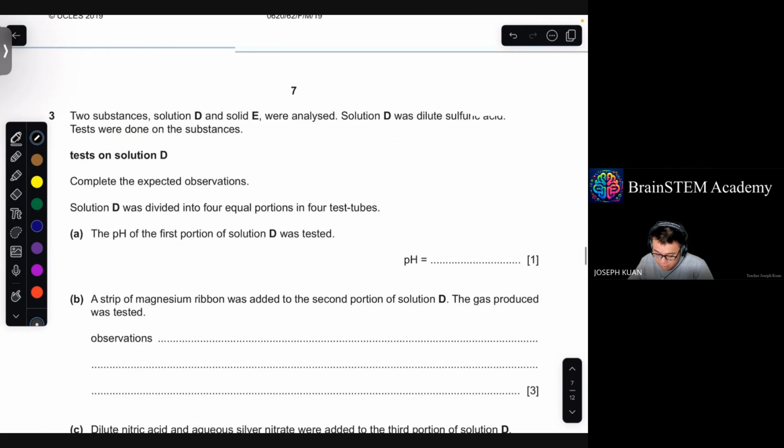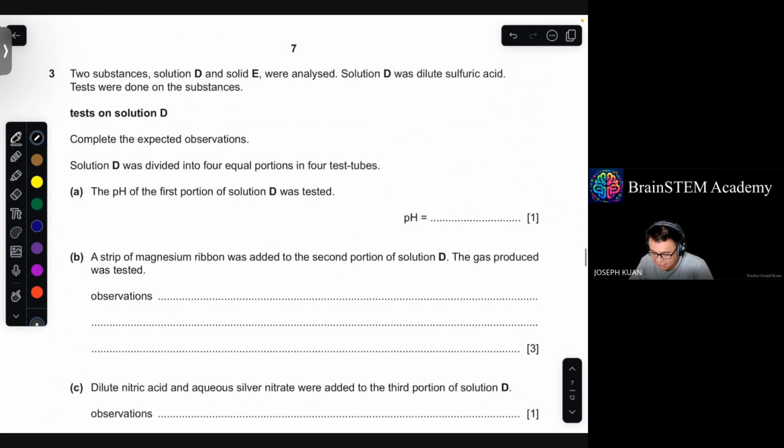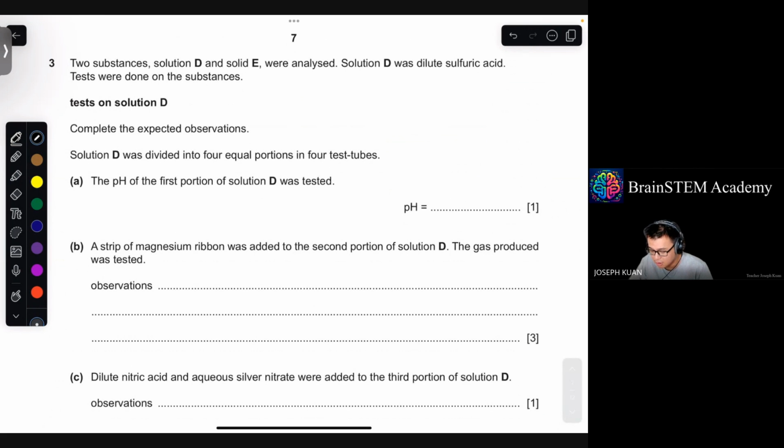Right, moving on to number 3. Two substances, solution D and solid E, were analyzed. Solution D was dilute sulfuric acid. Tests were done on the substances. Tests on solution D, complete the expected observations. Solution D was divided into 4 equal portions in 4 test tubes.